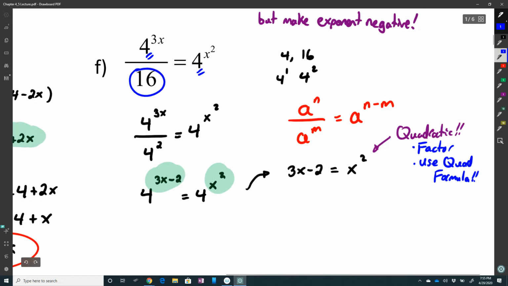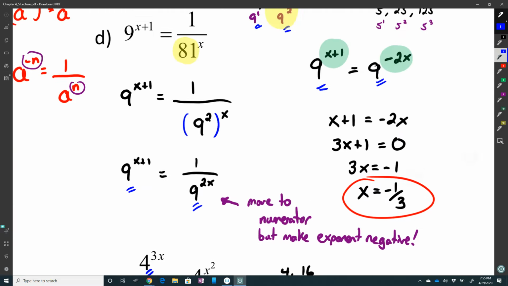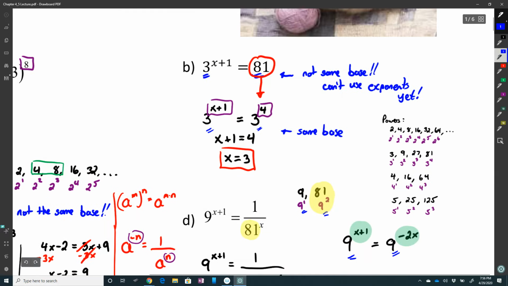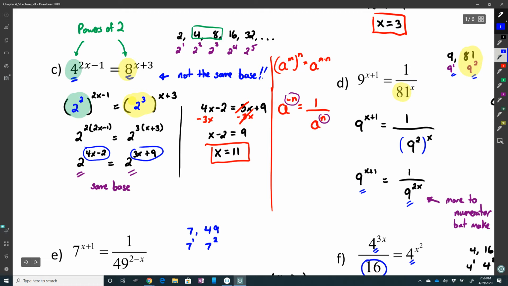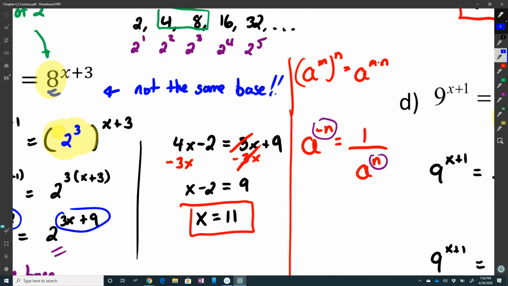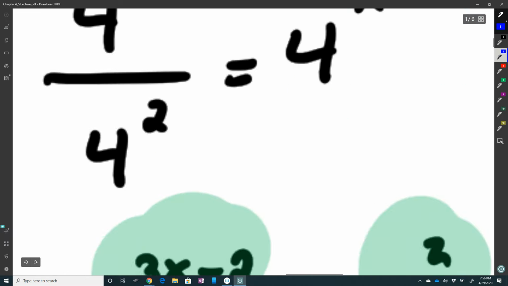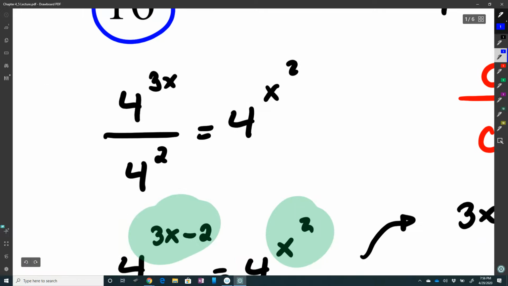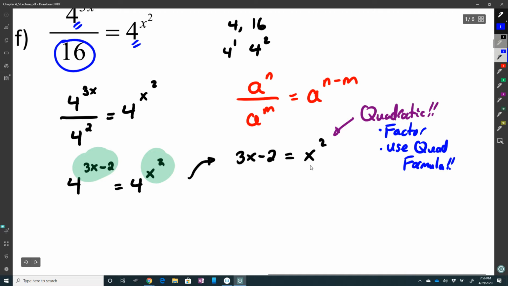You can't solve by moving things to each side. Now, all the equations that we did before, x plus 1 equals negative 2x, x plus 1 equals 4, 4x minus 2 equals 3x plus 9, those were not quadratics. The power of x was raised to the 1, and the way to solve those is you just move things around to each side until you get the x by itself. You can't do that with quadratics. It's a completely different type of problem. So instead what we do is we factor or use the quadratic formula.